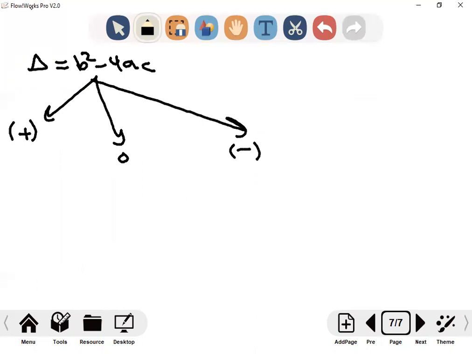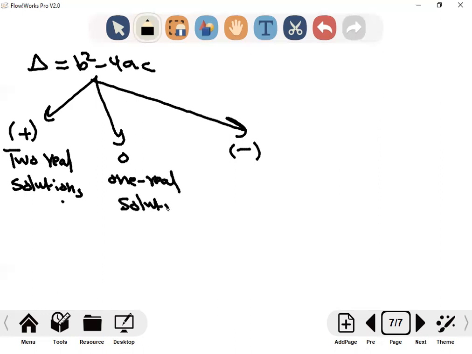If delta is positive, then the quadratic equation has two real solutions, meaning no i. If delta is zero, it has one real solution. If delta is negative, we don't have real solutions. We have two complex solutions.